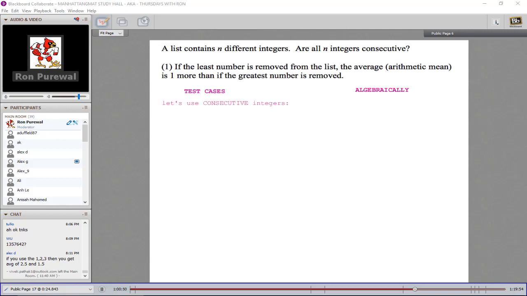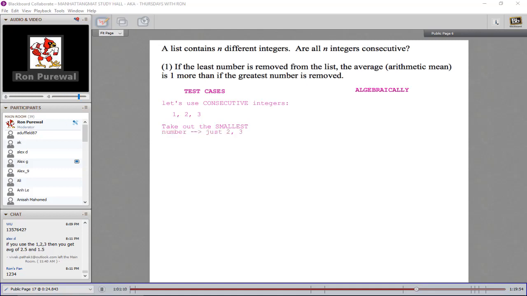Let's do 1, 2, 3. If you take out the smallest number, you take out 1, so you have 2 and 3, and the average is 2.5.